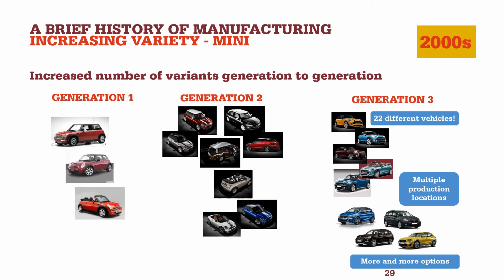And if we then add all the increasing range of options that you start to offer in that search for individualization, that starts to present quite a challenge to both engineering and manufacturing.